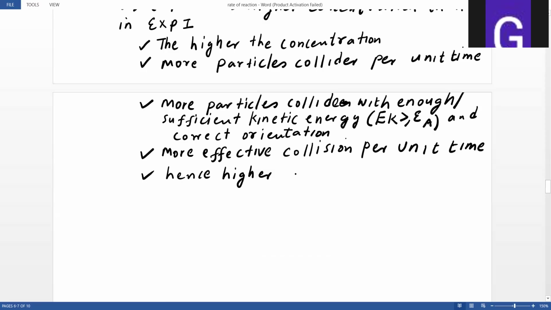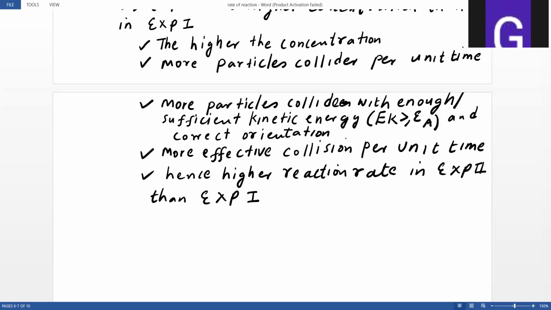Hence, higher reaction rate in experiment 2 than experiment 1. We can also do the opposite, ladies and gentlemen. So let me just go through this.